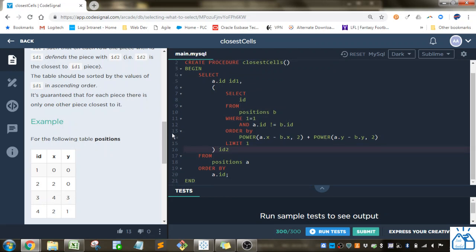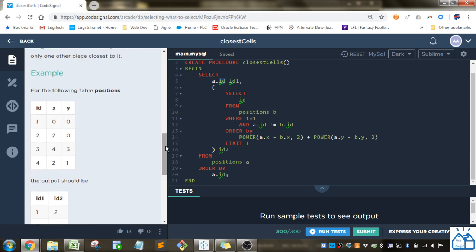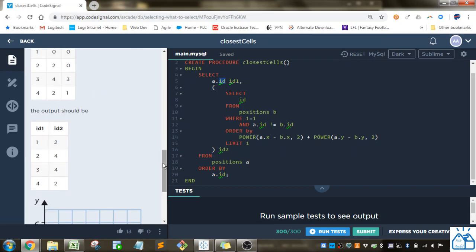All right, so first I'm just going to pull the ID from the positions table. So this is just going to pull 1, 2, 3, 4 in this example. So we're going to get basically this first column. And then how I'm going to attach the ID2 is I'm going to put for the second column another select statement.